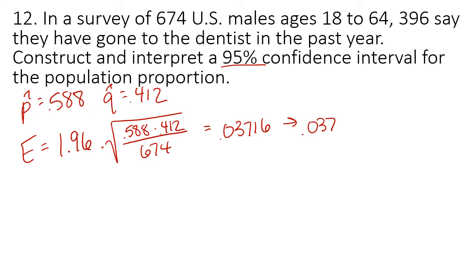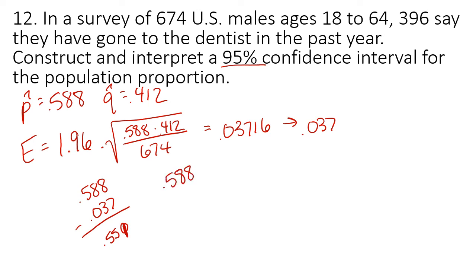So we see that our margin of error has gone up a little bit because our confidence level went up, just like it did in the previous sections. So we take our value of 0.588, subtract 0.037, and get 0.550. Excuse me, I was rounding incorrectly a little bit ago. So 0.551.